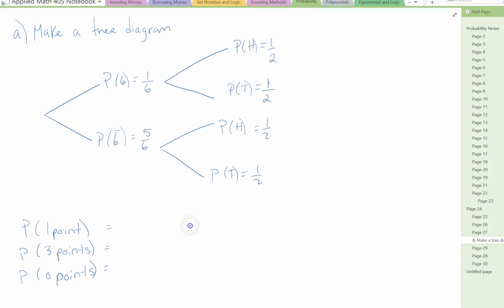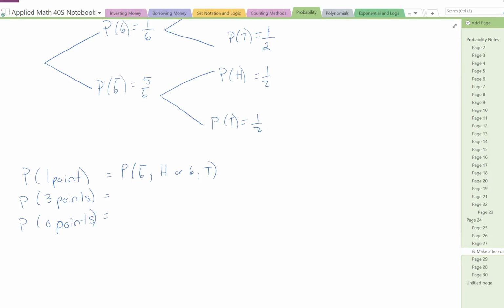So to get 1 point, we would figure out the probability of not rolling a 6 and landing on heads, or 6 and tails. Because we have the OR probability, we need to figure out the probability of each, not 6 and heads, or 6 and tails, and then add them together.